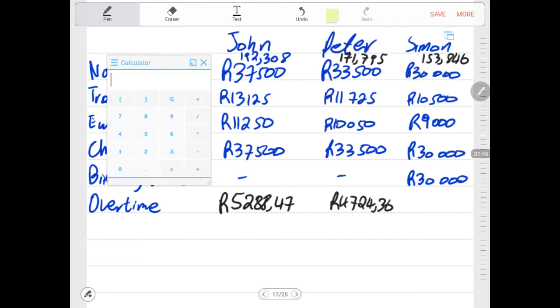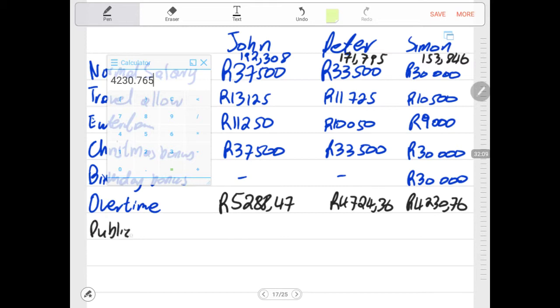Then after we have 153.846 times 2.5 times 11 hours, and that is 4,230.76. Then after we need to go to public holiday.